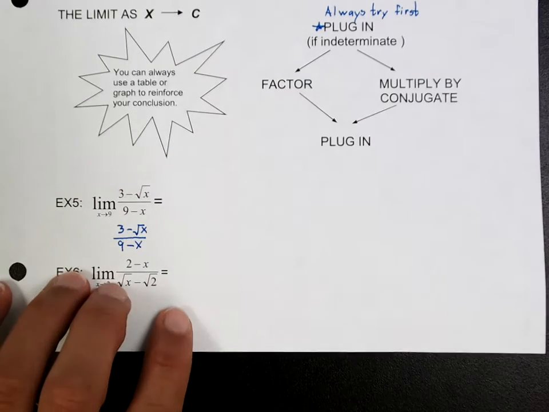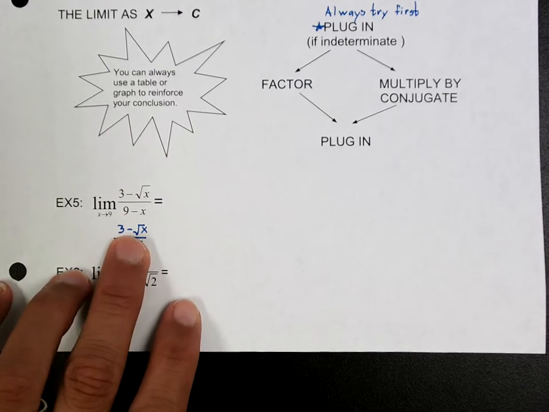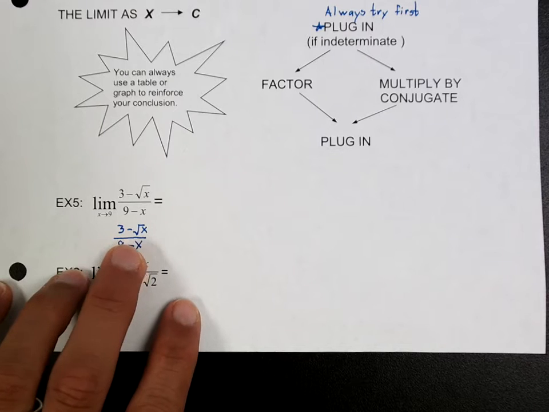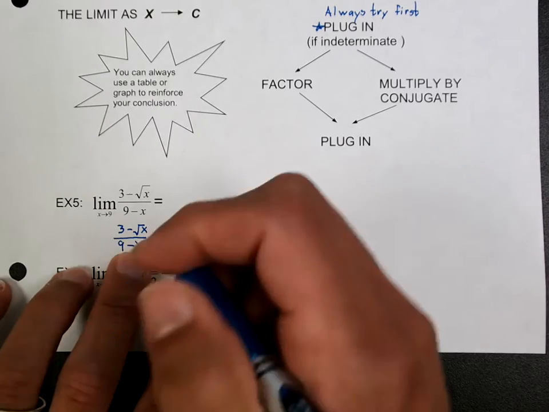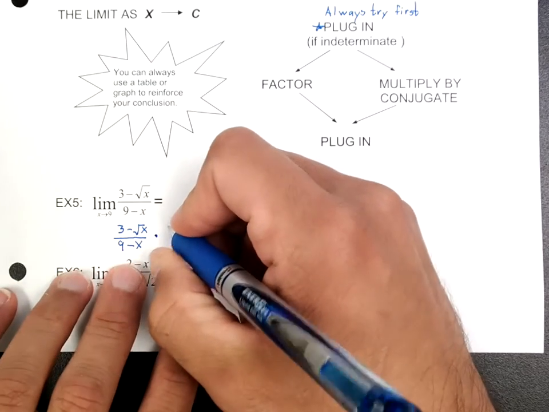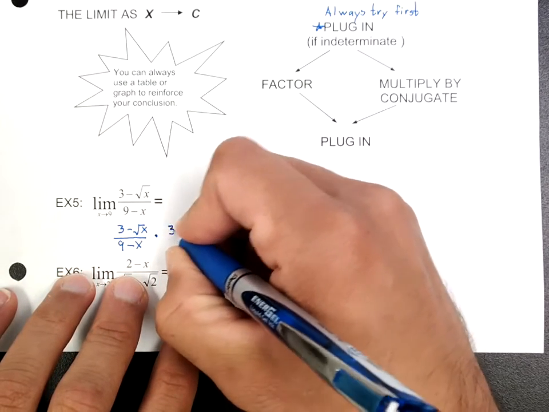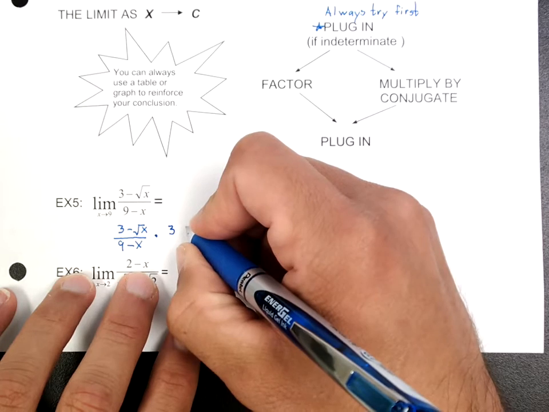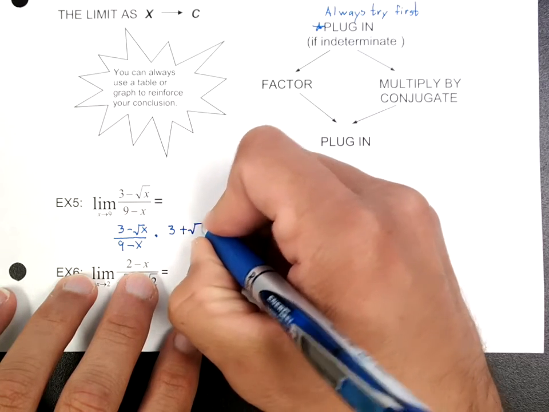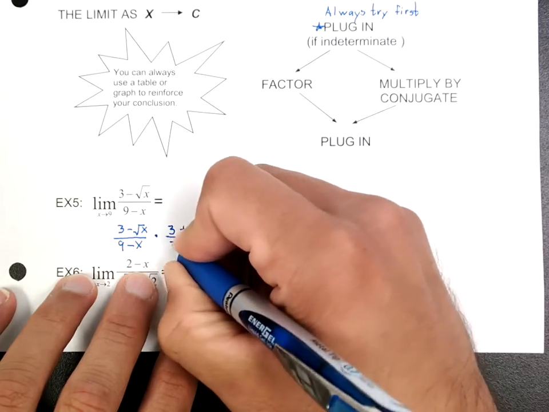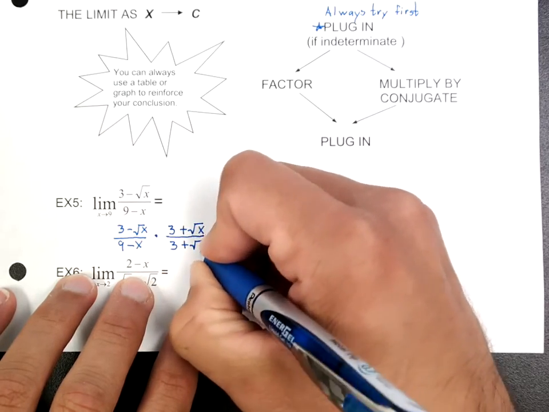To multiply by the conjugate, you look at the numerator or the denominator and pick the one that has the square root. Notice that the numerator in this case has the square root, so I'm going to pick 3, and instead of writing minus the square root of x, I'm going to write plus the square root of x.